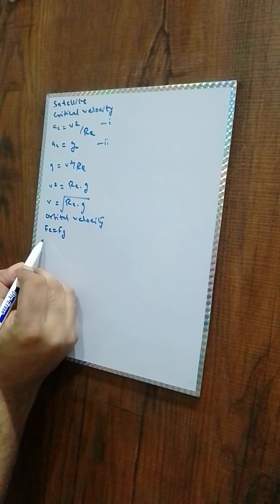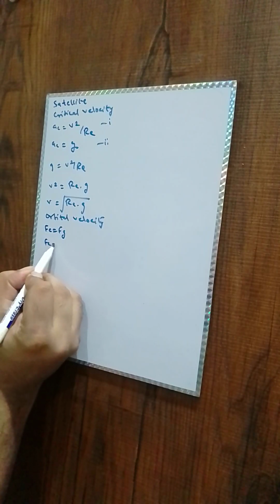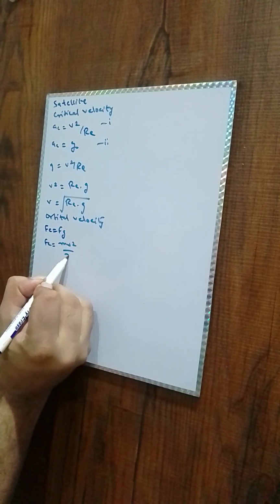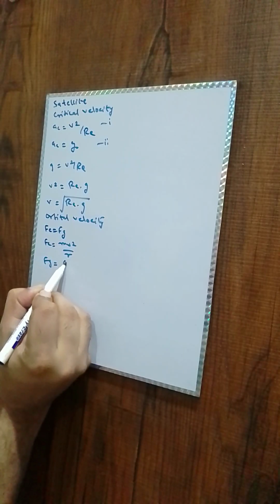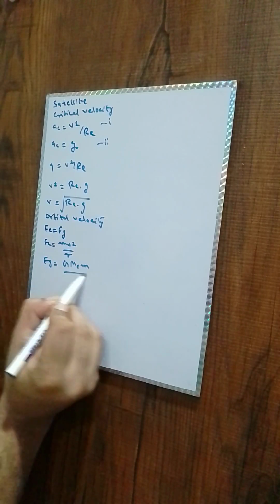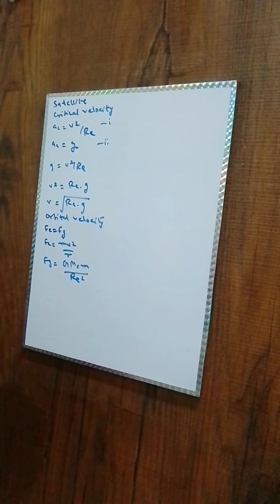So basically fc is equal to mv square by r, and fg is equal to gme m by re square. Yes.